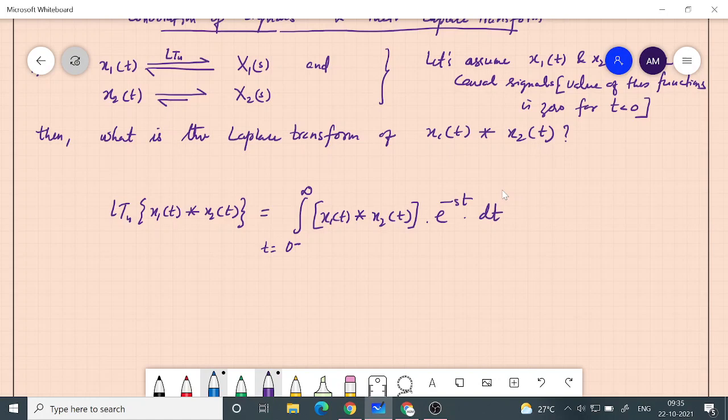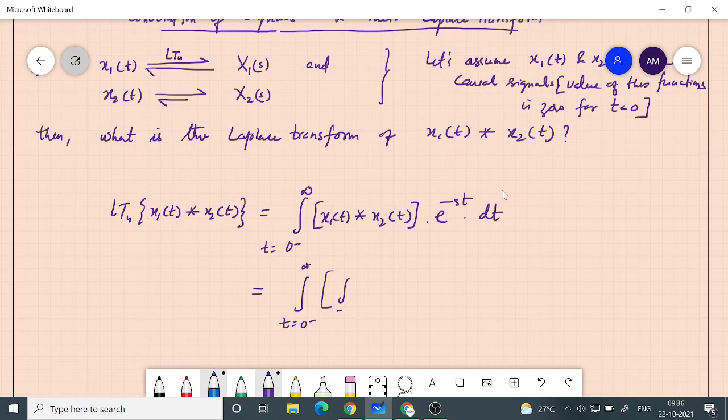Now what I will do, I will substitute the definition of convolution into the integral t going from 0 minus to infinity. What is the definition of convolution?